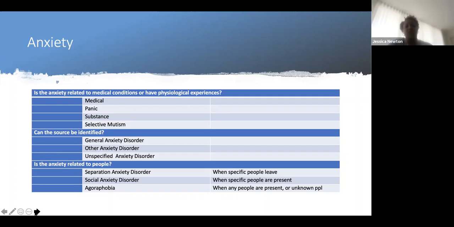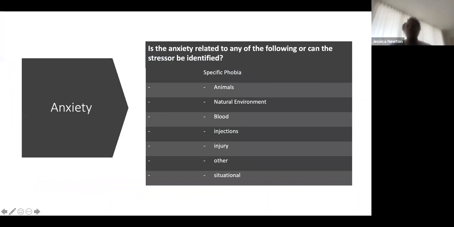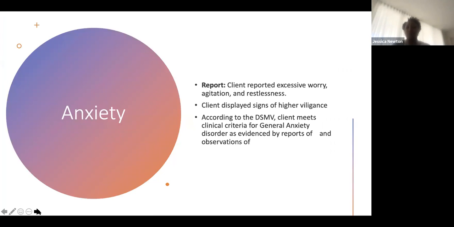So here we have anxiety continued: is the anxiety related to any of the following, or again, can the stressor be identified? And so we do have specific phobias: animals, natural environment, blood injury, situational. So the possibility is endless.